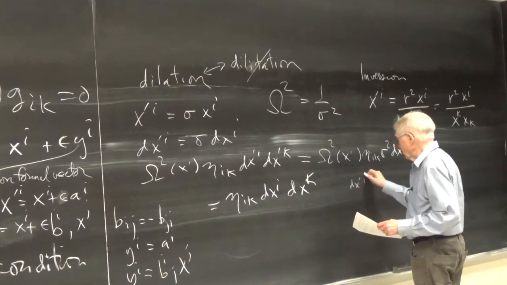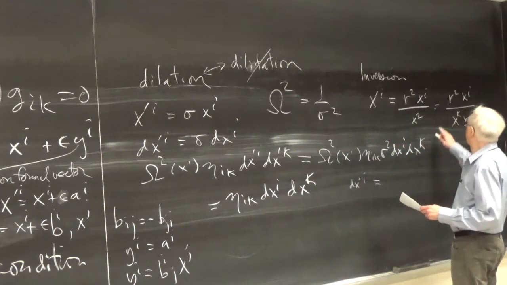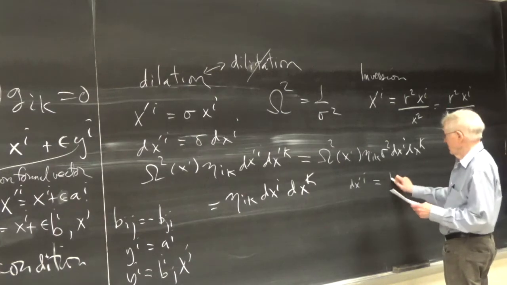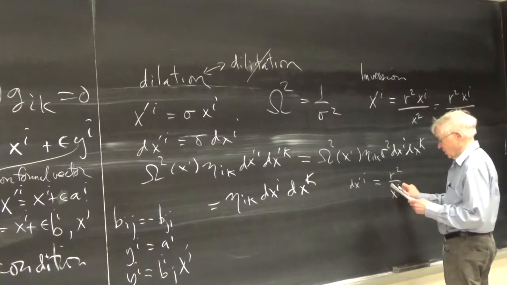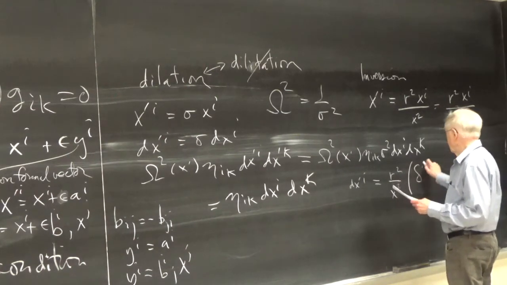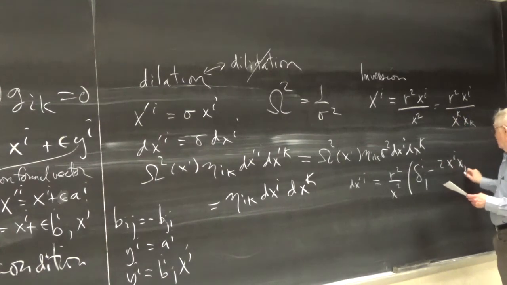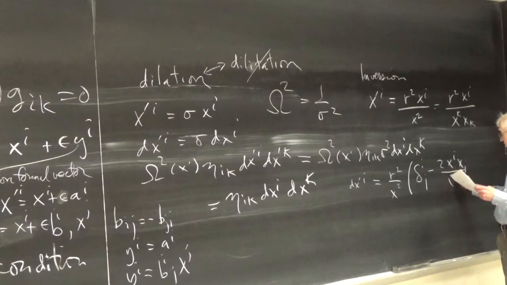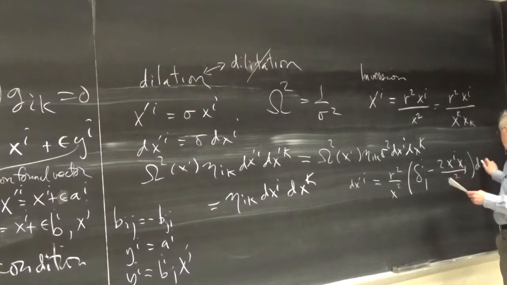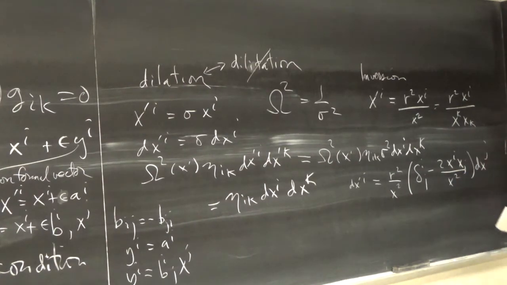Well, we have dx'^i is r squared over x squared, delta_ij minus 2 x^i x_j over x squared, dx^j.